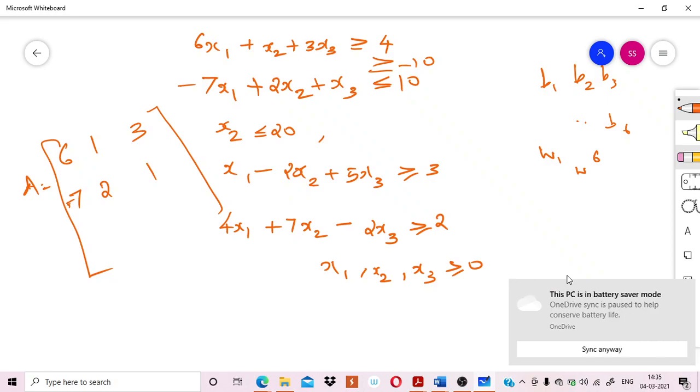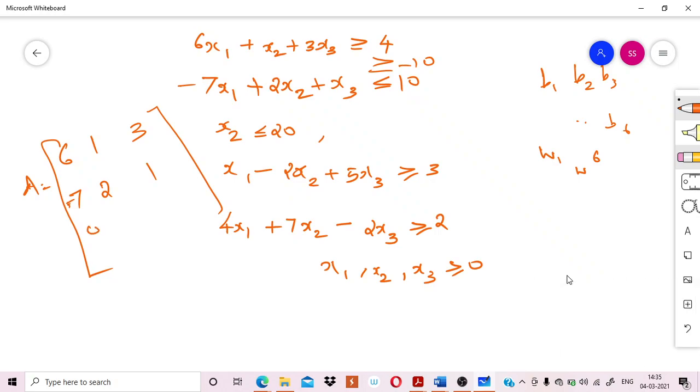So like that you will get the matrix. Then you have the rows. Then in the dual this row becomes column, and this column you can write as row. So 6, minus 7, 0, 1, and in between you have W1, W2.